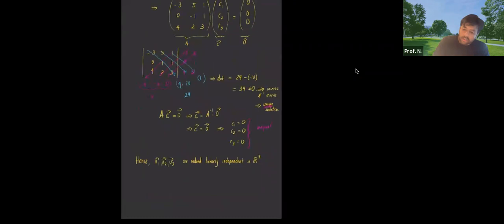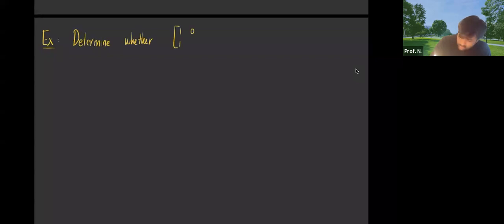Okay, so we know how to deal with vectors. So what happens if I have a set of matrices? Let's say I want to determine whether this set of matrices are linearly independent.